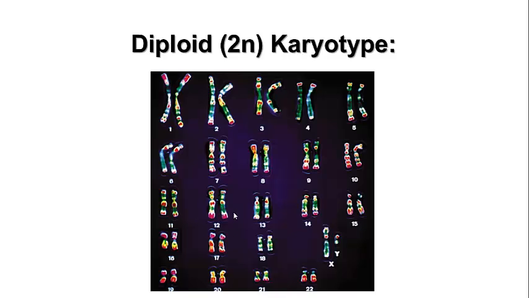So this is a human karyotype that shows the diploid or 2N state. The numbers below the pairs of homologous chromosomes designate the number of each chromosome pair. Okay, so all of these numbers designate a specific type of chromosome. More specifically, the numbers are referring to the different autosomes.